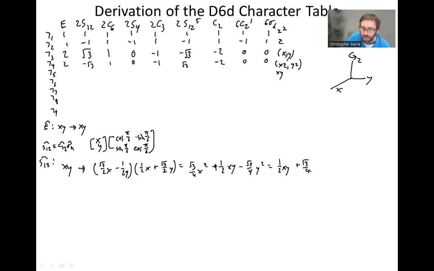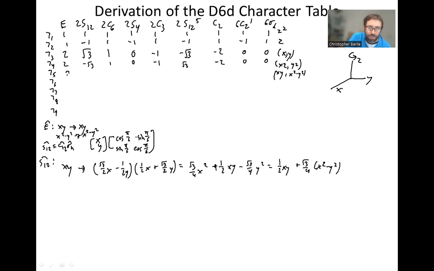And what's pretty neat about this is that you can see that with this operation, xy actually transforms as a linear combination of xy and x squared minus y squared. Well, x squared minus y squared is our other d orbital function. And so we can put these in parentheses together. We know now that going back to identity, xy went to xy and x squared minus y squared goes to x squared minus y squared.